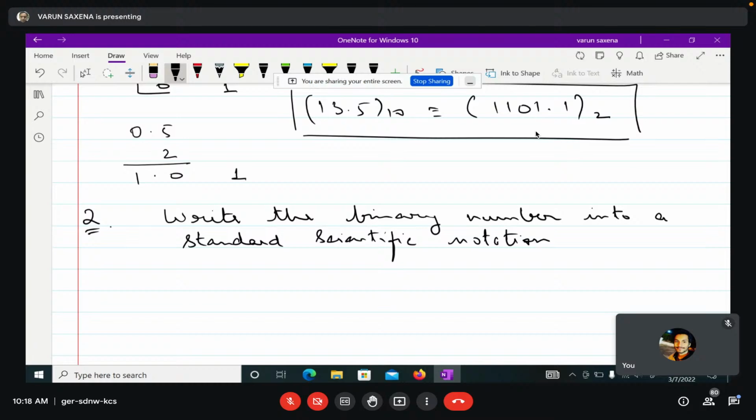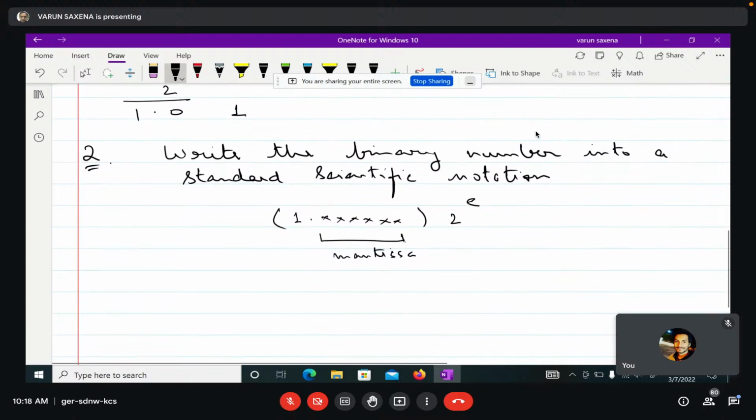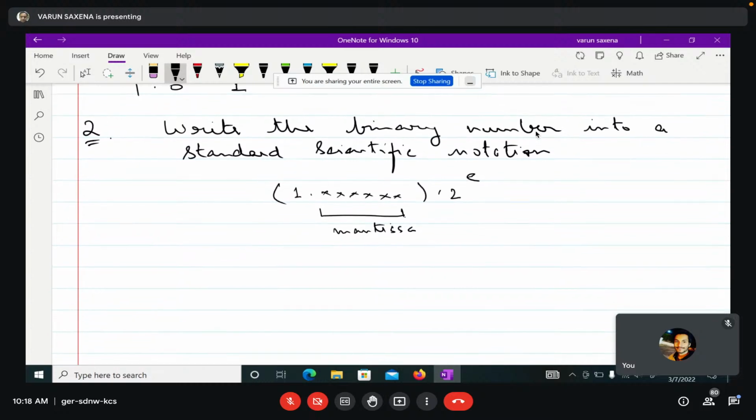Okay, so standard scientific notation is something of this type. You'll have 1.x something, this entire thing, times 2 to the power of the exponent, which is e. So this is basically the Mantissa. Okay. So now the number that we have is multiplied by 2 to the power, and this is the exponent.